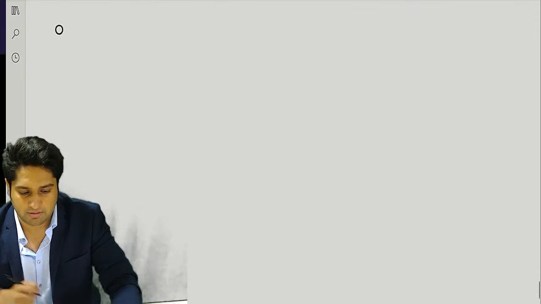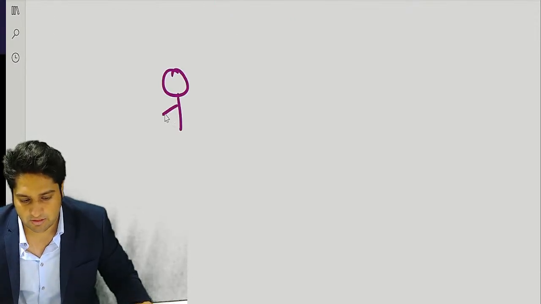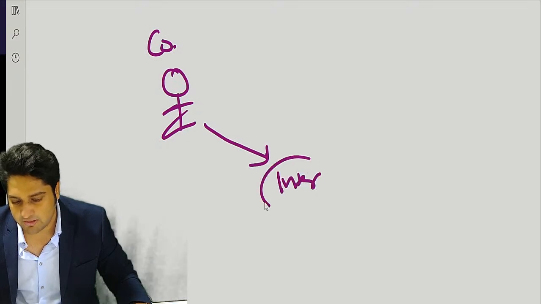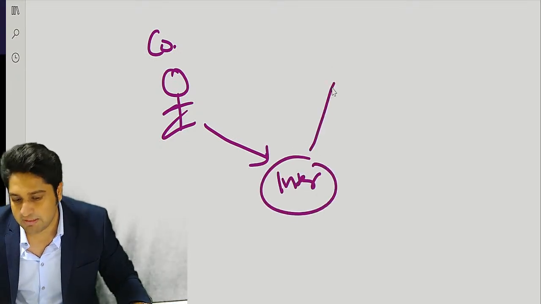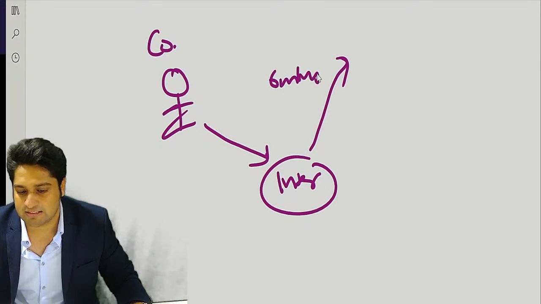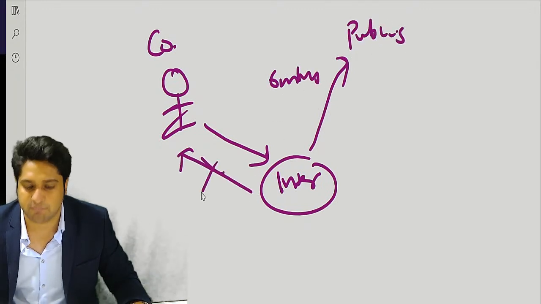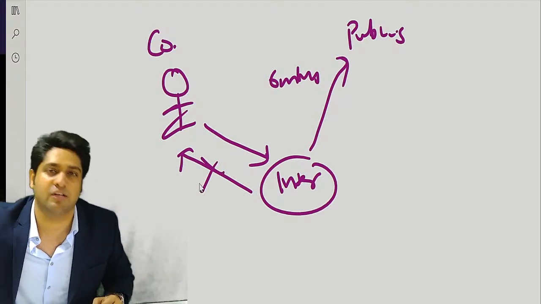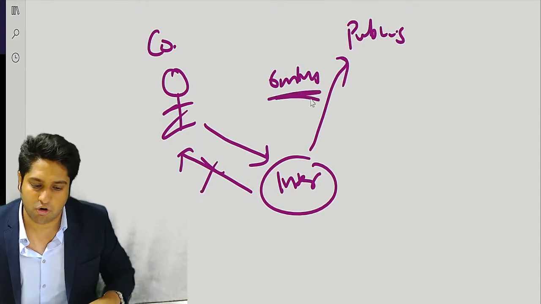So two things: the company has given to the intermediary, and the intermediary within 6 months has issued it to the public, and the intermediary has not yet made the payments to the company. Payment can be asked later on, 1 year time is given. So all this is there.